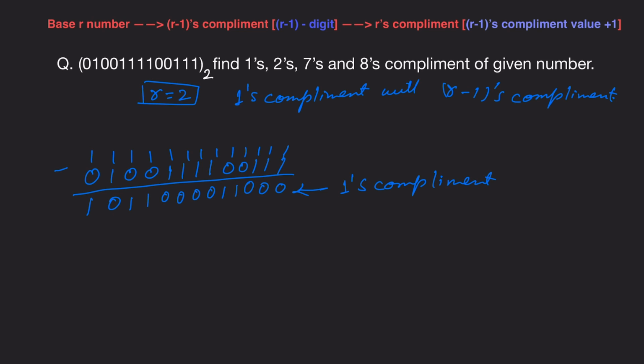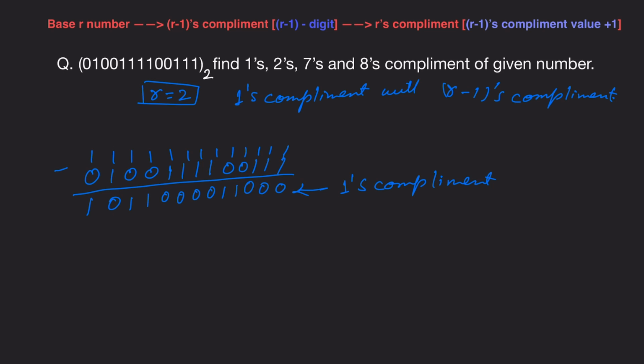This number is nothing but the inverted form of these bits. See here, every bit has been inverted: 0 to 1, 1 to 0. By inverting the number we can find one's complement if it is a base 2 number.